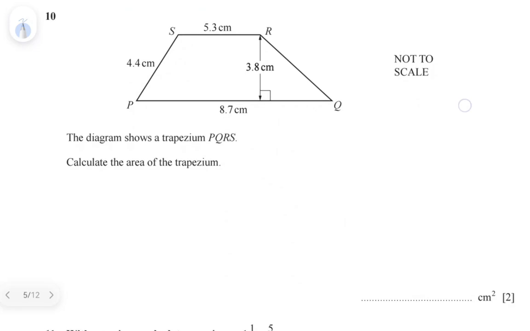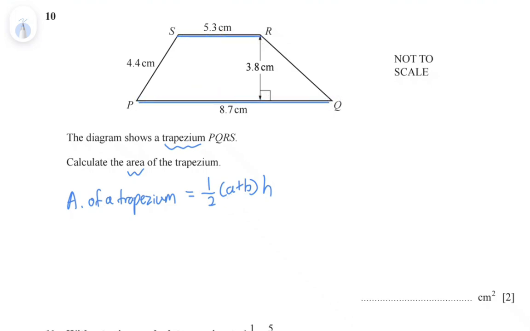Now moving on to our next question, question 10. We are given the diagram of a trapezium, and we're asked to find the area. So what's the formula for the area of a trapezium? Well, the formula is half times a plus b times height. So a and b are actually the lengths of the parallel sides, which in this case are SR and PQ.